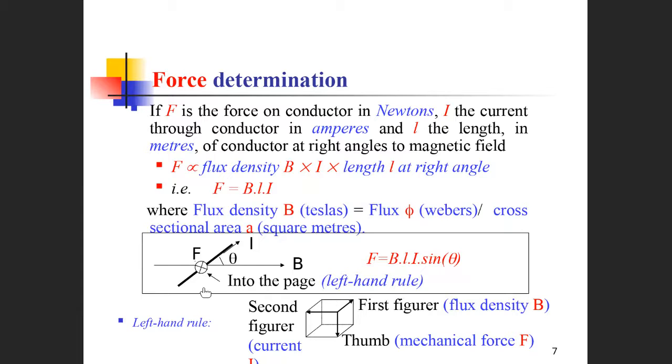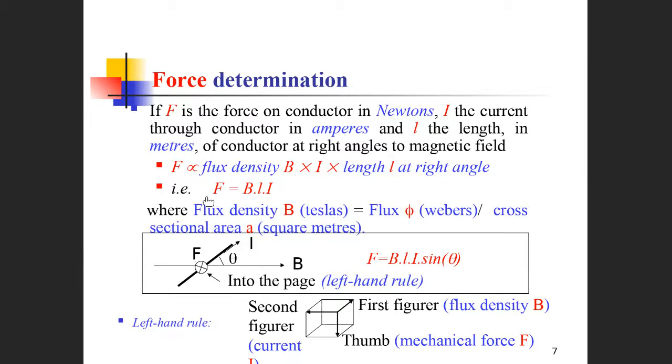As a result, if we have a conductor, as we show here, that carries a current I, then it has a magnetic field produced surrounding the current I. If we put this conductor carrying current into an existing magnetic field B, then the conductor and the magnetic field B may interact to produce a mechanical force. This mechanical force acts on the conductor carrying current.